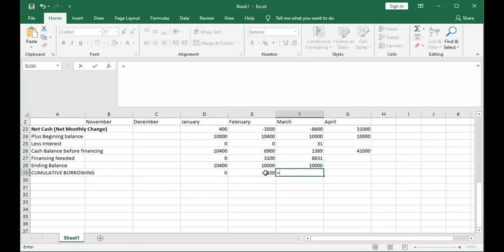Okay, so how much is the cumulative borrowing? It comes from the last month plus this month's borrowing, which is 11,731 ringgit.